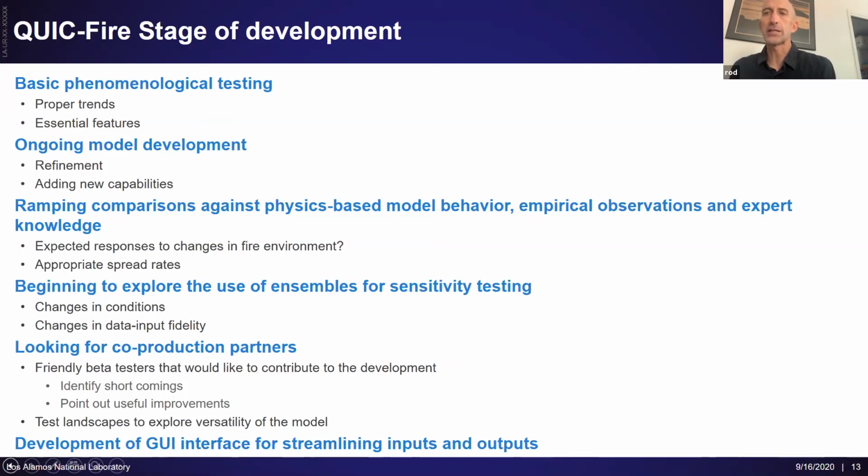The model's progressing, we're adding new capability, we're realizing things that would be nice to have and working them in, or refining physics, or sometimes the model breaks on us and we realize we put a bug in. So there's ongoing work. You shouldn't feel like it's a done, shrink-wrapped Microsoft fire model. So I think the bottom line here is there's a real opportunity for co-production to become a part of the development of this tool.